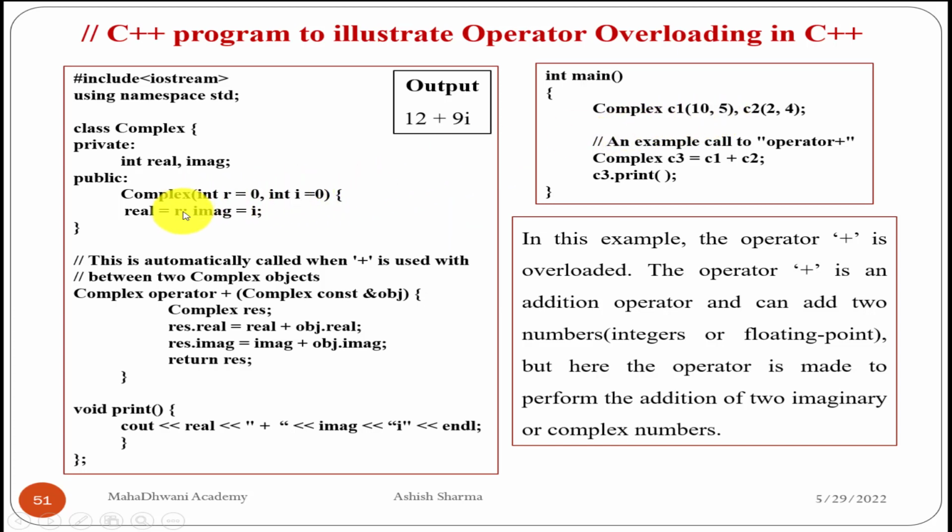So the value for real part is 10 and value for imaginary part is 5. Now C2, for the second object, the value for R is 2 and value for I is 4.